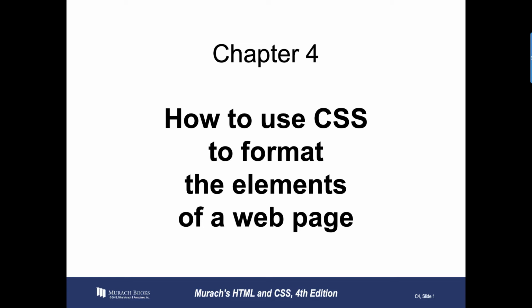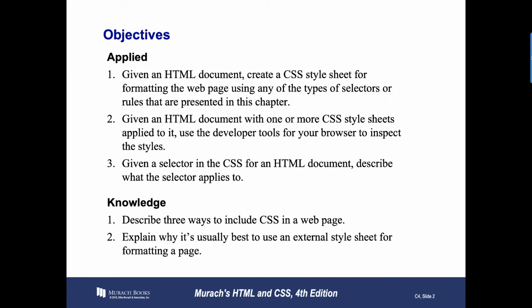So let's get started. The objectives of this particular chapter, the applied objectives, are: given an HTML document, create a CSS style sheet for formatting the web page using any of the types of selectors or rules that are presented in this chapter.